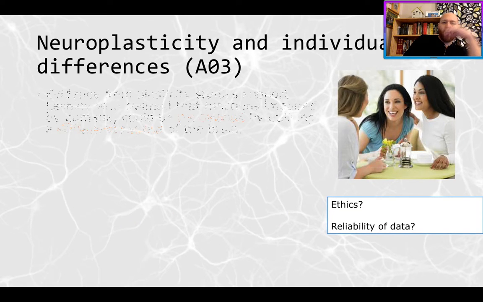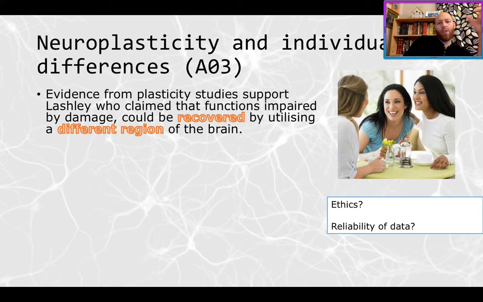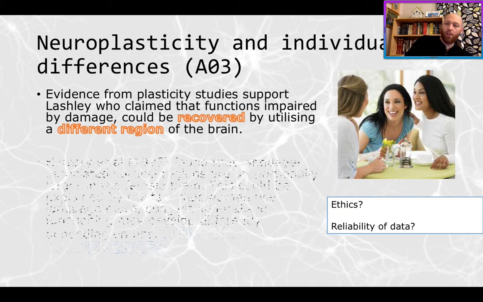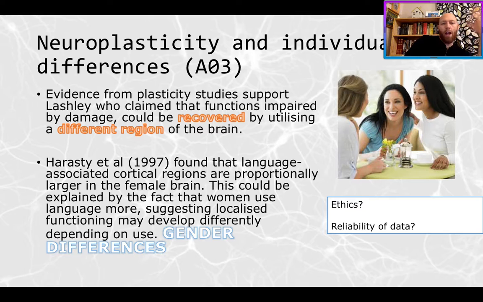And then neuroplasticity and individual differences. Evidence from plasticity research shows that Lashley was largely correct, that function can be recovered by utilising a different region of the brain. Harris-Day et al. 1997 found that language associated cortical regions are proportionately larger in the female brain, and this probably explains gender differences.